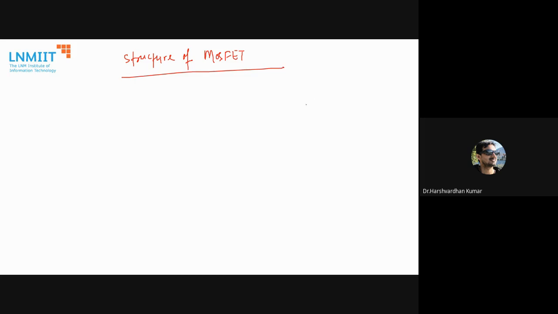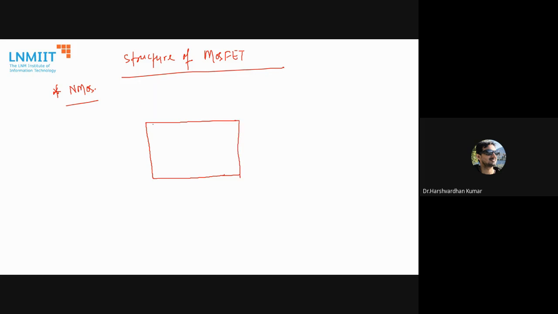As I told you, the MOSFET is a 4-terminal device, that is source, drain, gate and body. We will focus mainly on NMOS, that is N type of MOSFET. Let us draw the 2D structure, the cross section only. I'm not going to draw the 3D picture because my drawing is very weak.